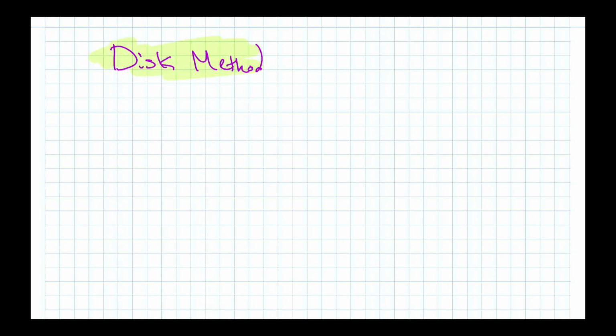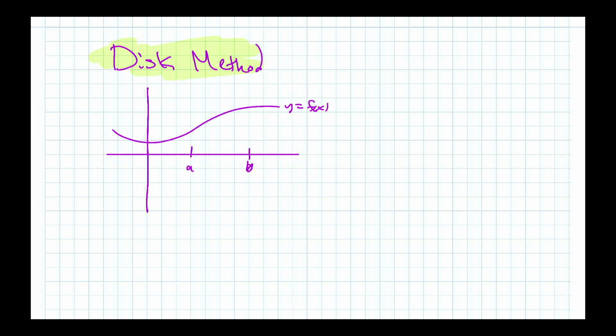All right, disk method. So remember what this is about. We did this pretty recently. So the deal is you've got a function. You're going to have a little section of the function here that gets rotated around an axis, and it turns it into a three-dimensional shape.